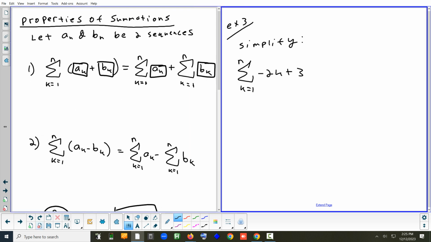There we go. So we're going to use these. What we want to try to do is, instead of having it all combined together, let's separate it into multiple sigmas. That's how we simplify it.